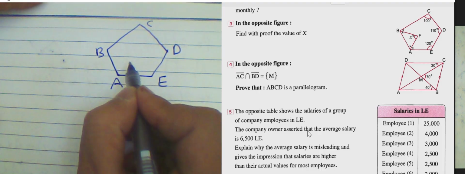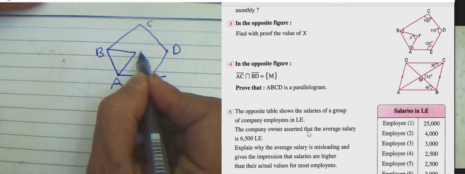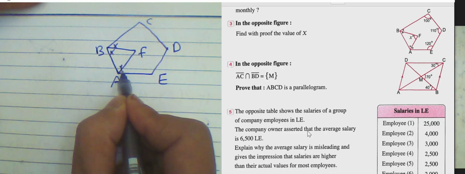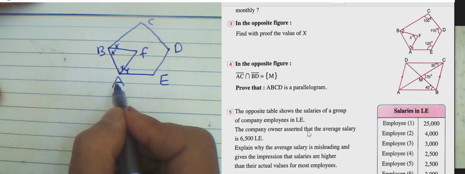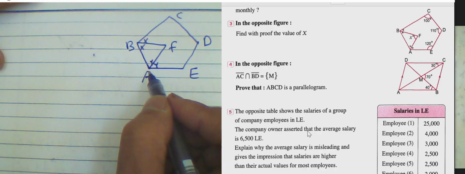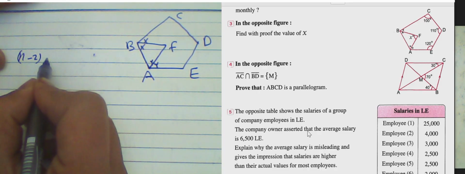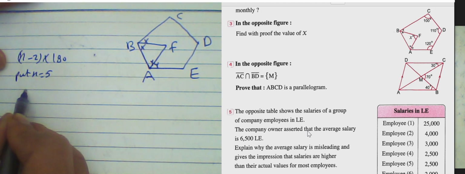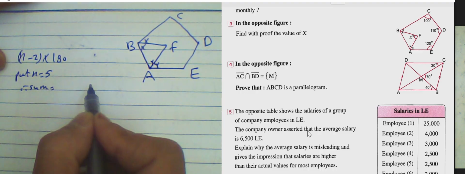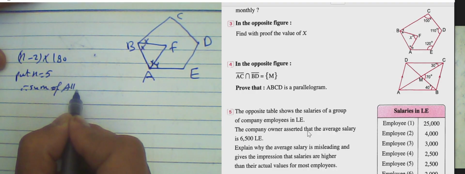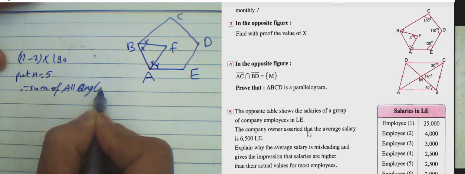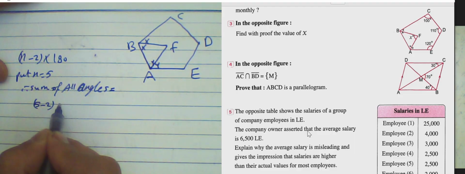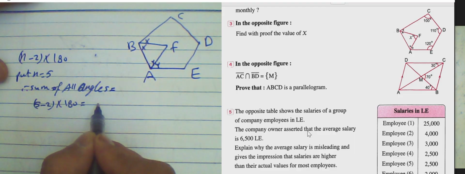We can find the measure of angle A plus the measure of angle B in the pentagon, and we can divide it by 2 to find half of angle B plus half of angle A. We can find the sum of interior angles in the pentagon using the rule: 5 minus 2 times 180. This is the sum of all angles of the pentagon: 5 subtract 2 times 180. It will be 540 degrees.